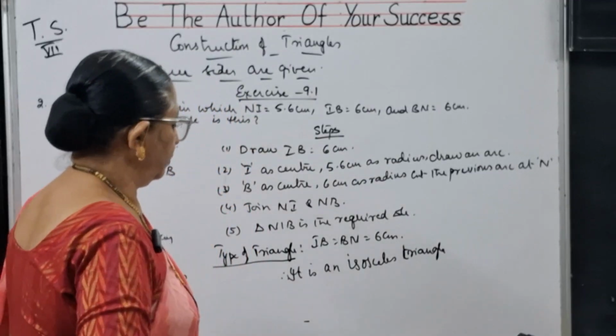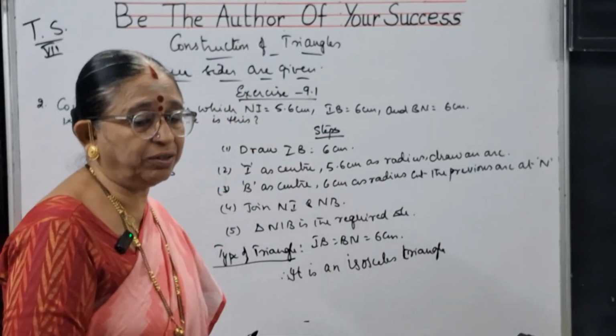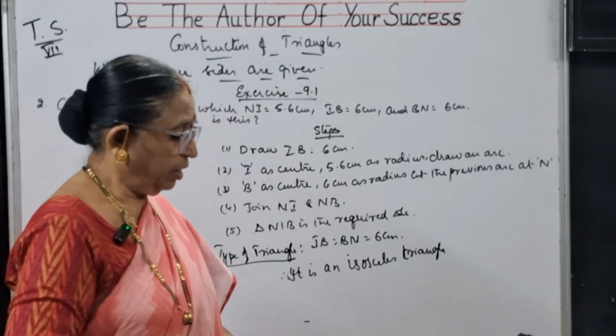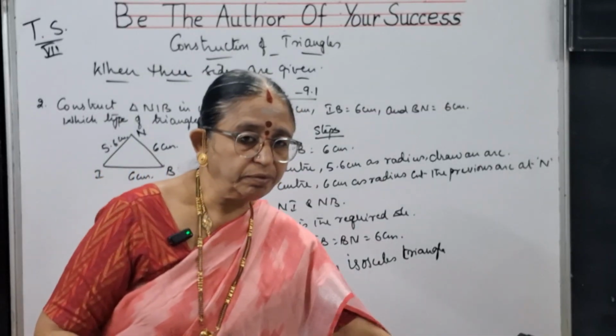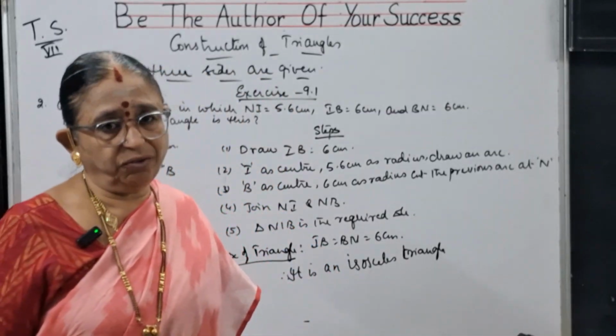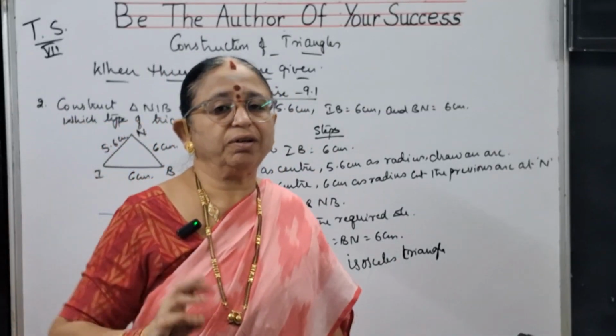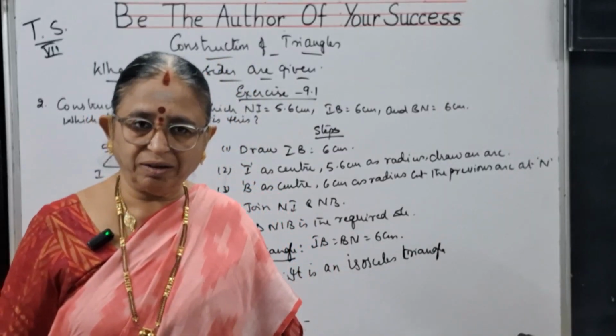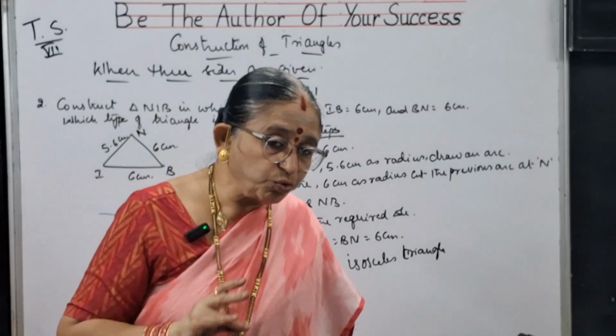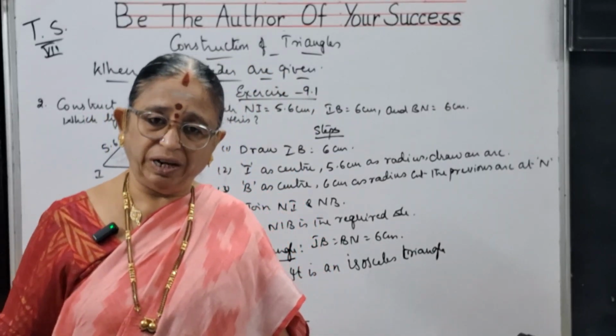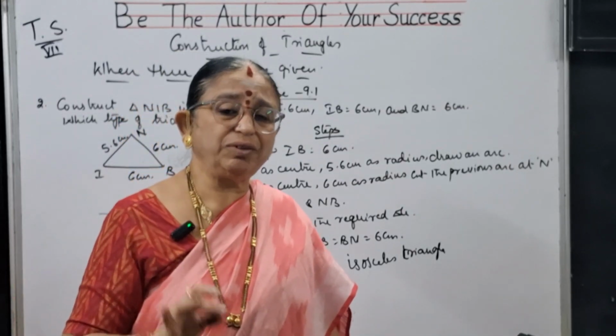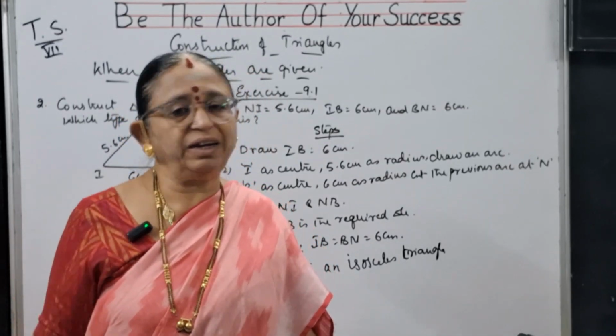We know that different names are allotted. Once let us have a recollection of the different sides. One is equilateral triangle, a triangle in which all the sides are equal. A triangle in which two sides are equal, it is isosceles triangle. A triangle in which all sides differ, scalene triangle.